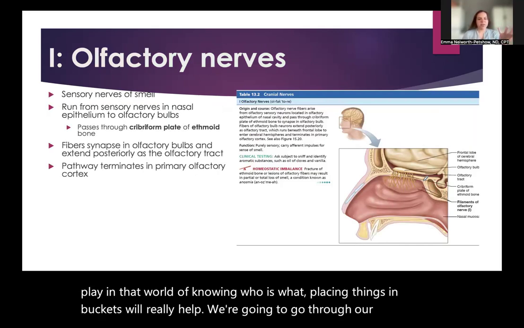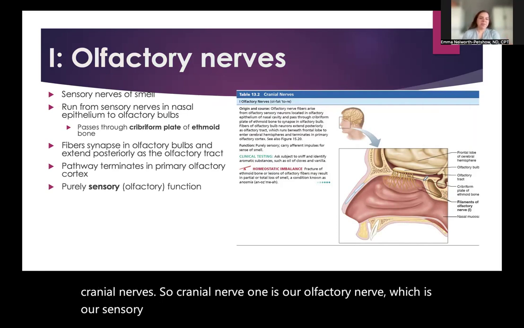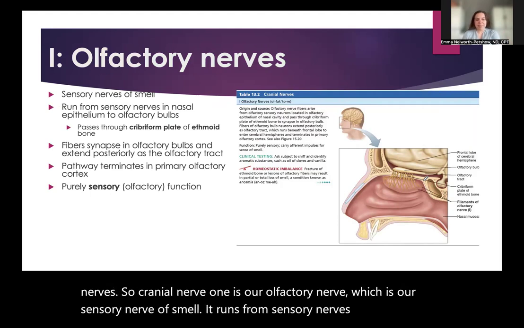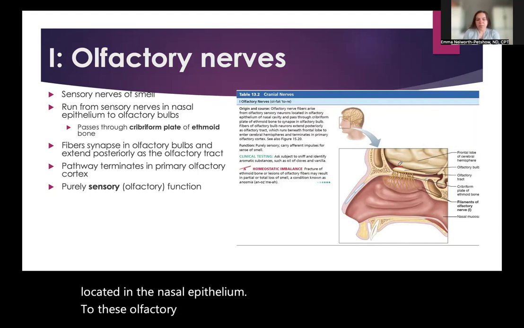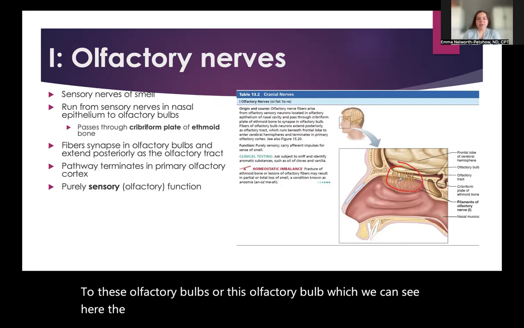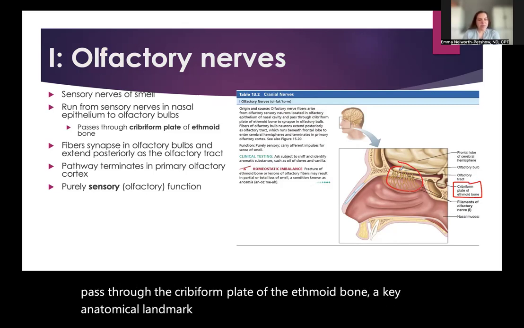So, cranial nerve one is our olfactory nerve, which is our sensory nerve of smell. It runs from sensory nerves located in the nasal epithelium to the olfactory bulb, which we can see here. These sensory nerves have to pass through the cribriform plate of the ethmoid bone, a key anatomical landmark, and the fibers synapse in the olfactory bulb.